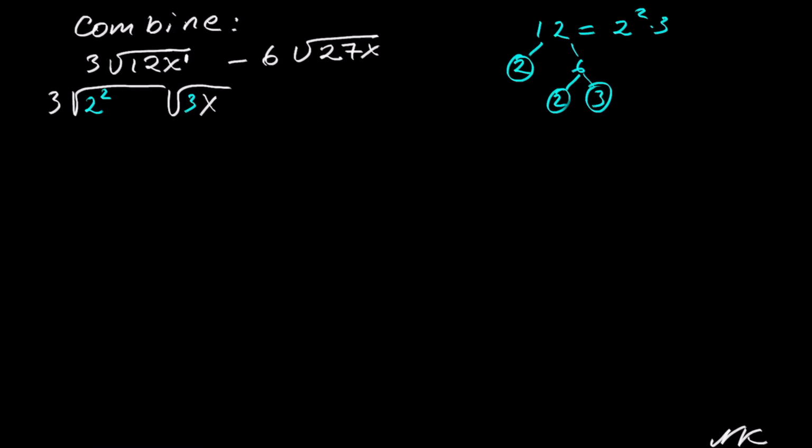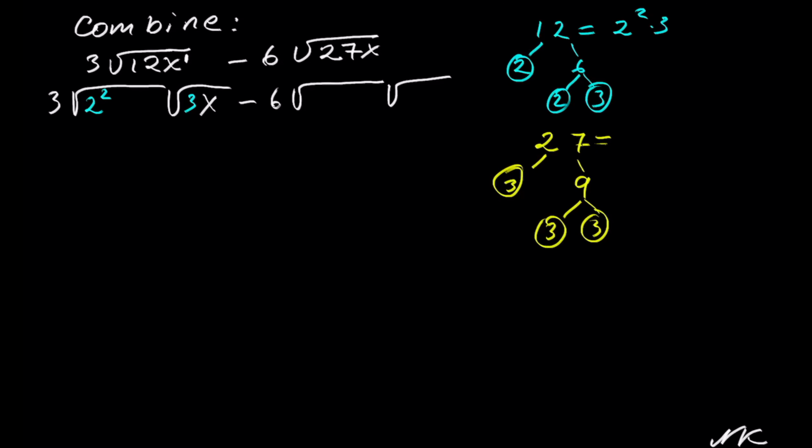Let's break down the second term into negative 6 times the square root of a perfect square times the leftover. Let's factor 27. 27 is 3 times 9. 3 is a prime. 9 is 3 times 3. So we can rewrite 27 as 3 to the second, which is a perfect square, times the leftover, which is 3.